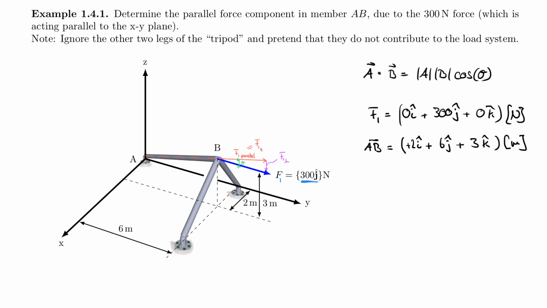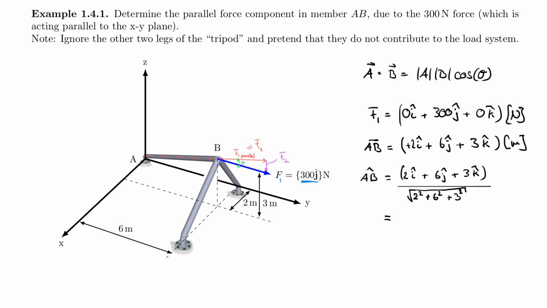And let's write that down. So AB hat is nothing else than 2 i hat plus 6 j hat plus 3 k hat, and then the whole thing divided by its magnitude. And the magnitude is 2 squared plus 6 squared plus 3 squared, square rooted.